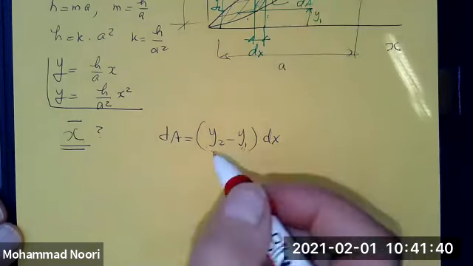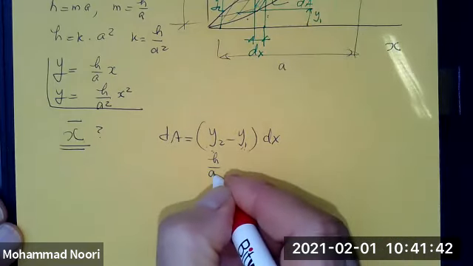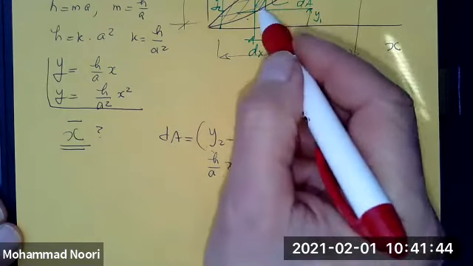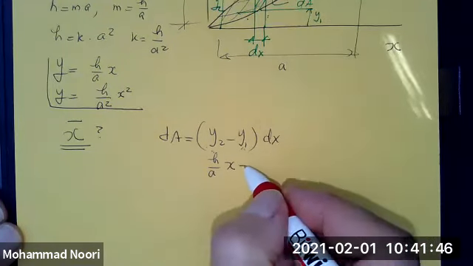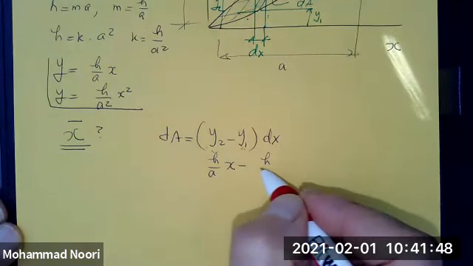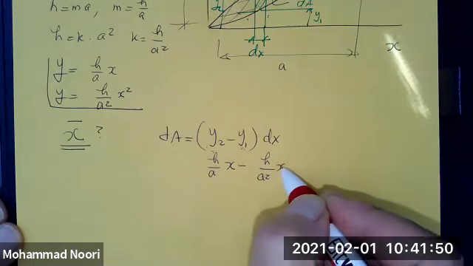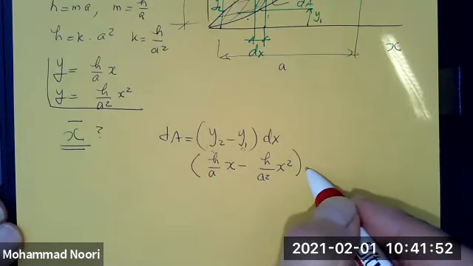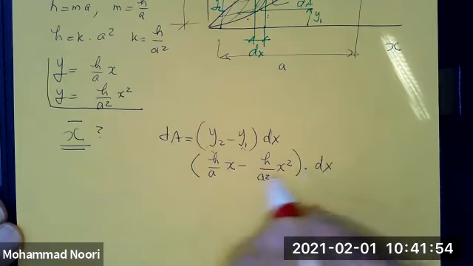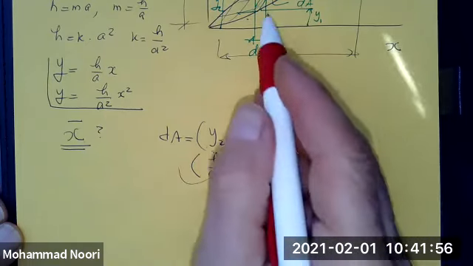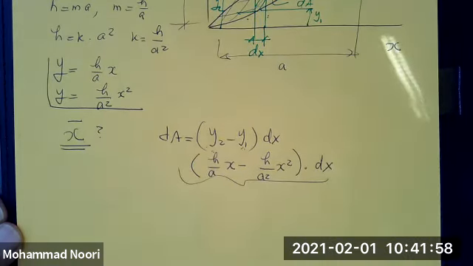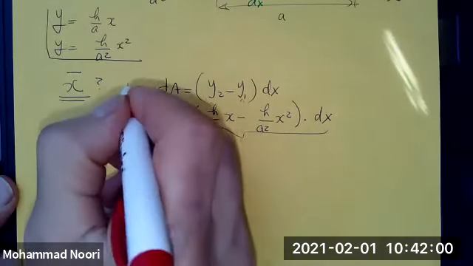Y2 is m x, which is h over a times x. Y1 is this function, which is h over a squared times x squared. Times dx, this is dA. So this is the first step.